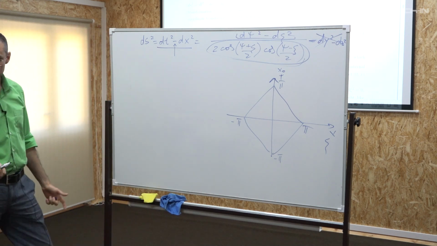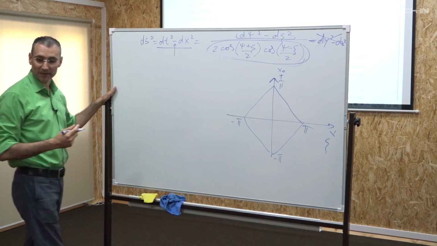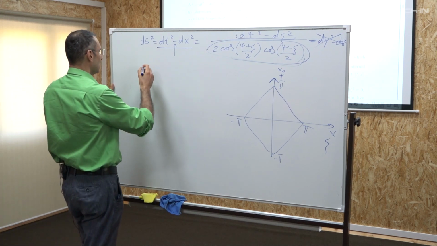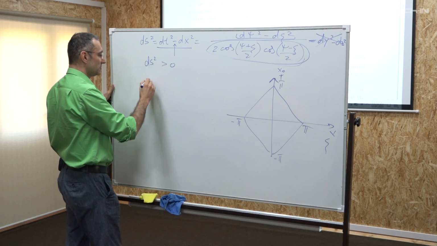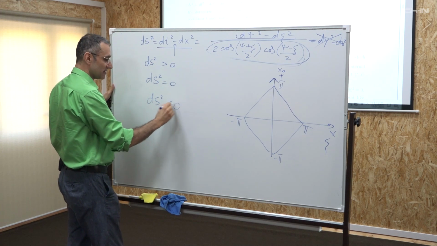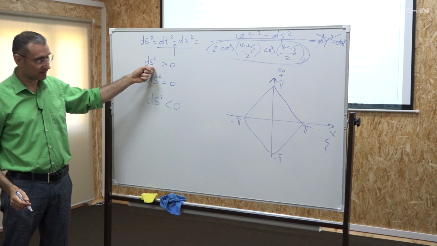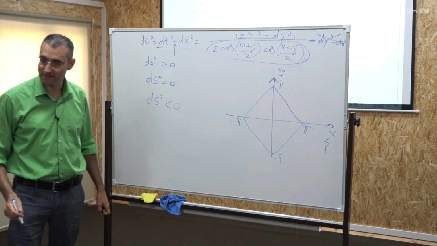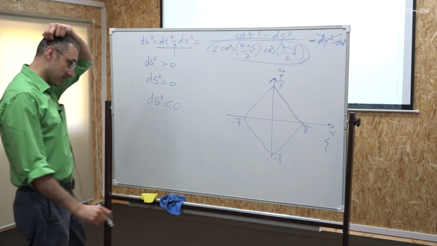Here, the situation is a bit different because different lines have different properties. Namely, ds squared can be greater than 0, equal to 0, or less than 0, depending on whether you deal with time-like lines, light-like lines, or space-like lines. And that's the reason this happens.